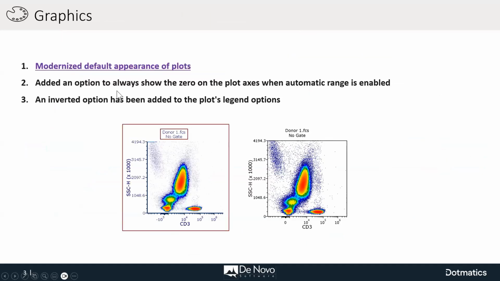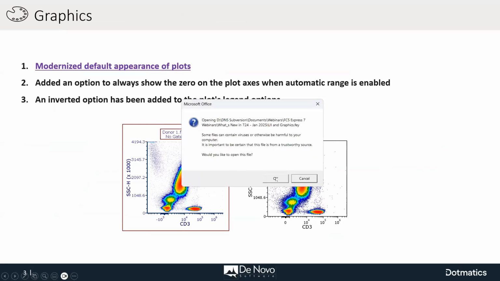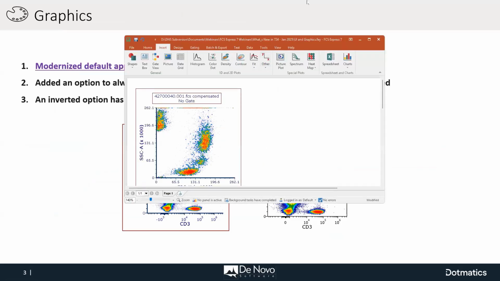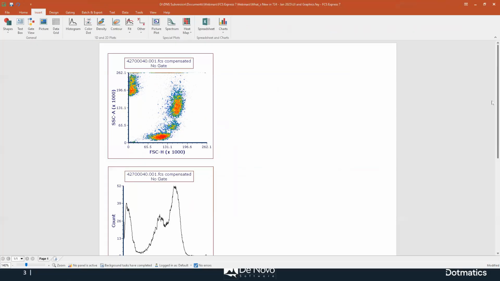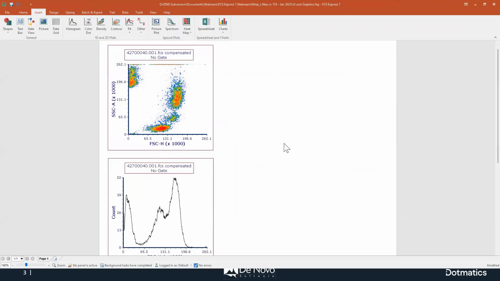So the first one that I want to mention is the new style of plot. Let me just open this layout. What you see here are three plots, two density plots and one histogram, that I drew using the style that applied to previous versions of FCS Express 7. It was a long-lasting style, since it's been there for many versions.